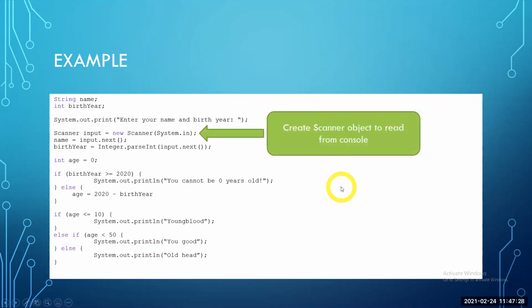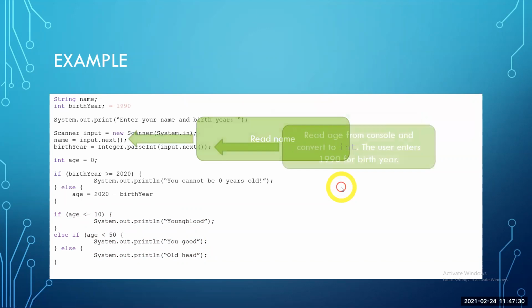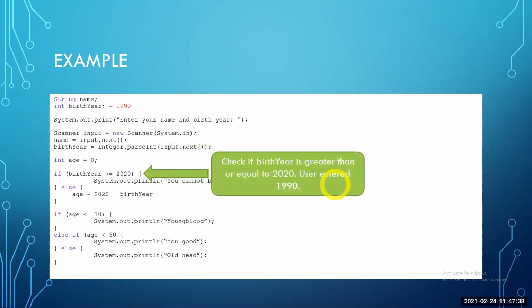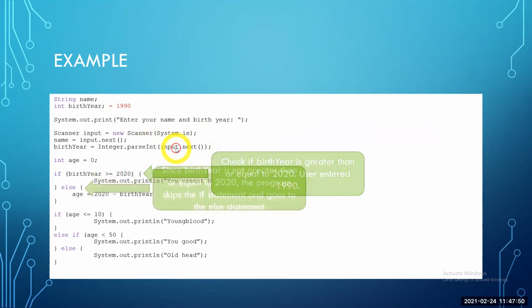So we run through this. We create our scanner object, we read in the person's name, we read in their birth year, and set the age equal to 0. The person entered in 1990, so we just use that birth year. So if birth year is greater than or equal to 2020, it's less than 2020, so we're going to go on.